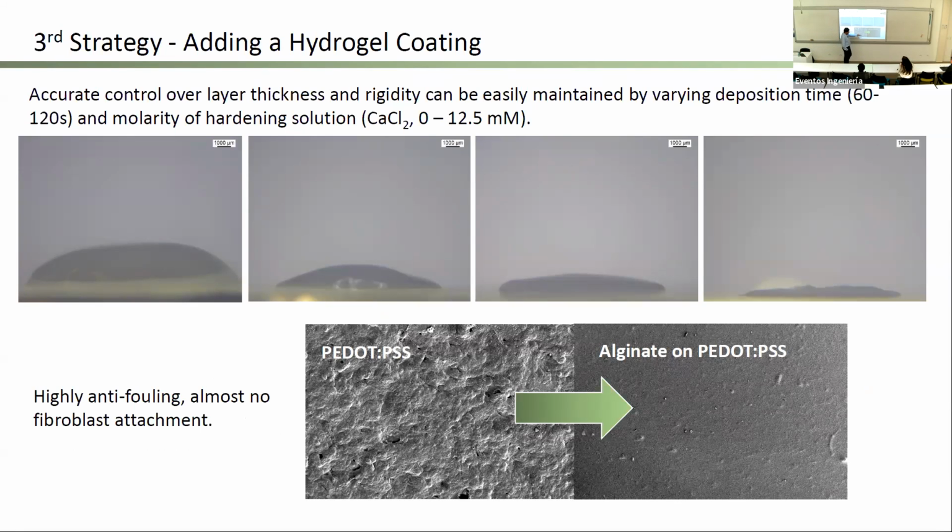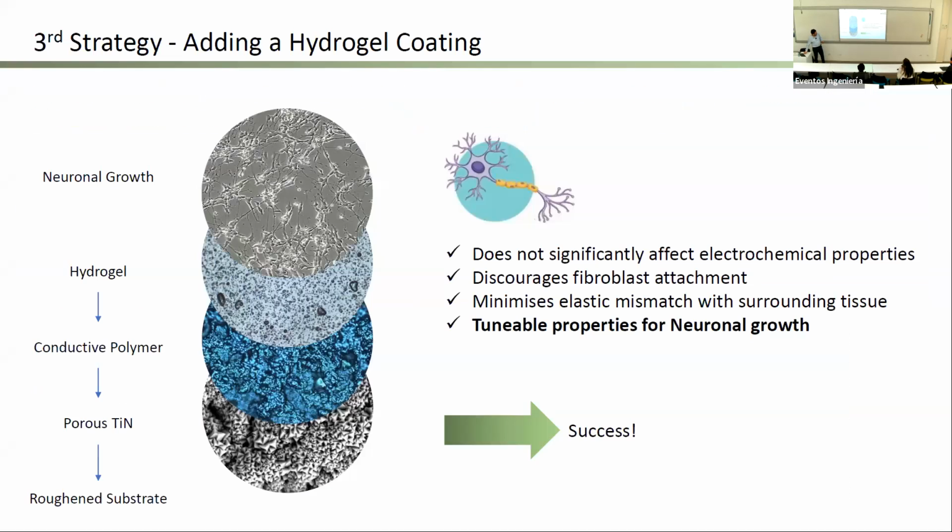And with the alginate, we attained a highly anti-fouling surface with decent electrochemical properties. So adding this hydrogel does not significantly affect the electrochemical properties. It discourages fibrous attachment, minimizes elastic mismatch, and we can also get some tunable properties for neural growth.